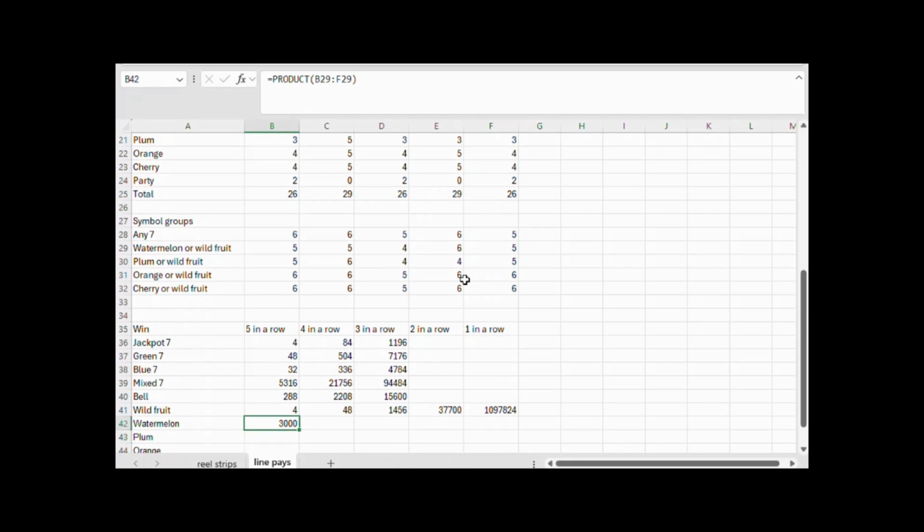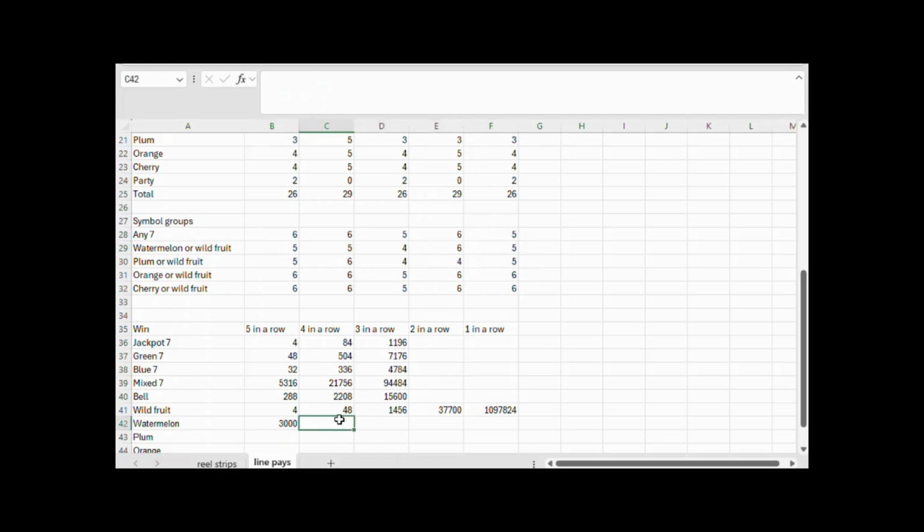So that's simply going to be, we already did these groupings earlier of any given type of fruit or a wild. So that number of combinations is just going to be the product of these numbers right here.